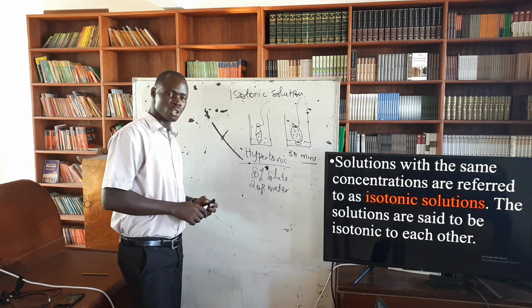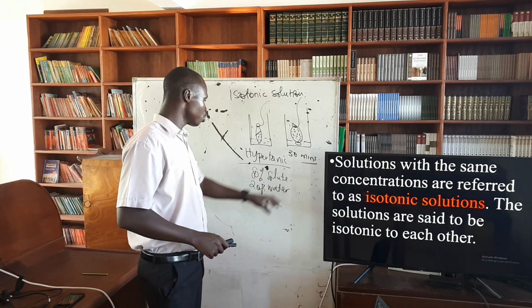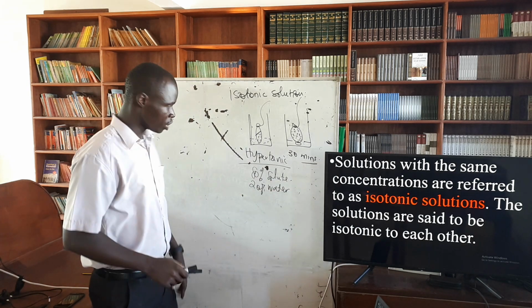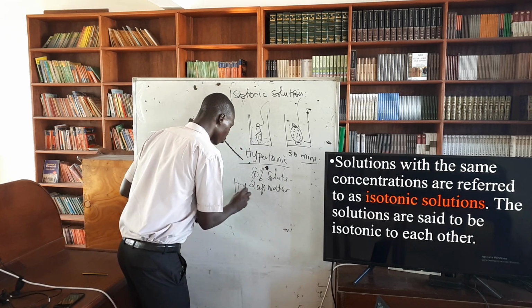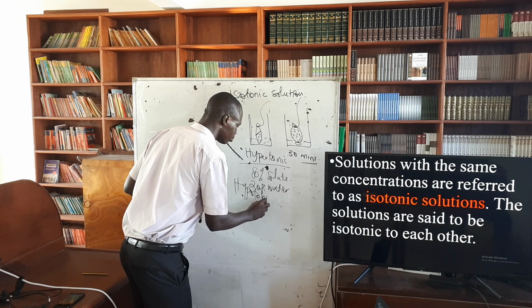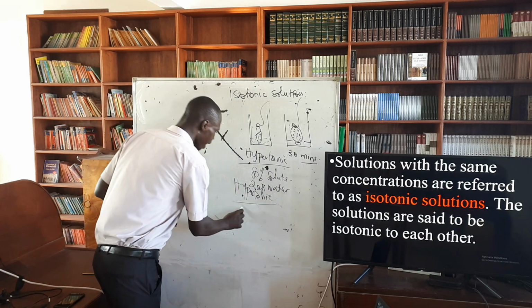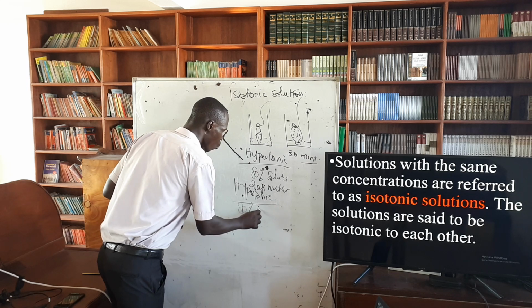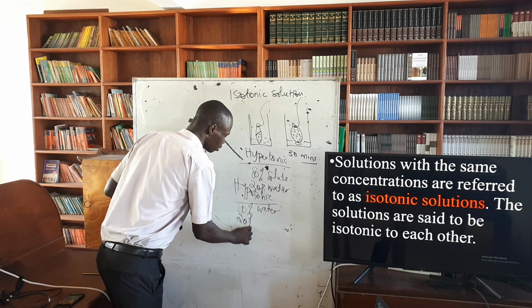When we talk about a hypertonic solution, we are talking about a solution that has 80% solute and 20% water. Then we can have another one called hypotonic. A hypotonic solution will have 80% water and 20% solute.